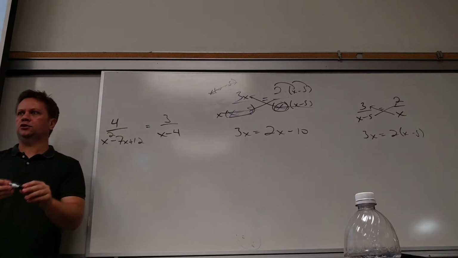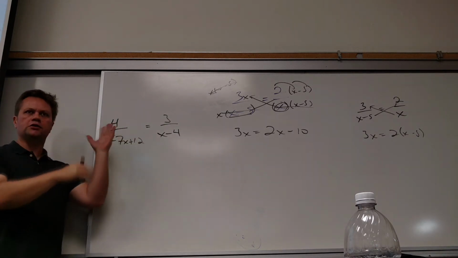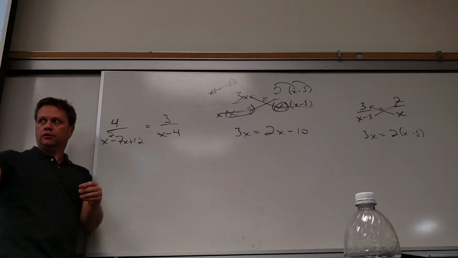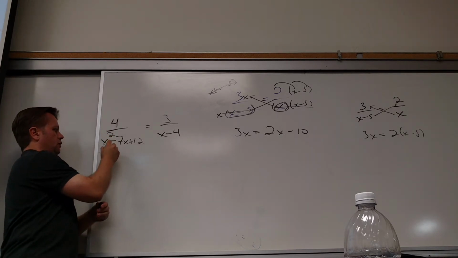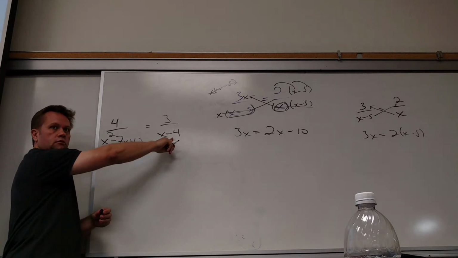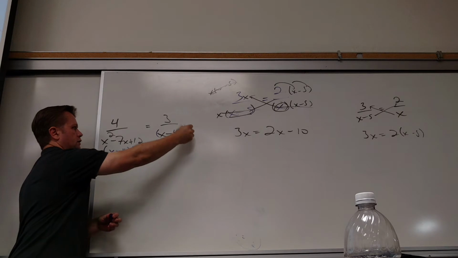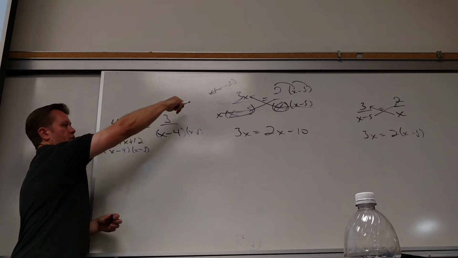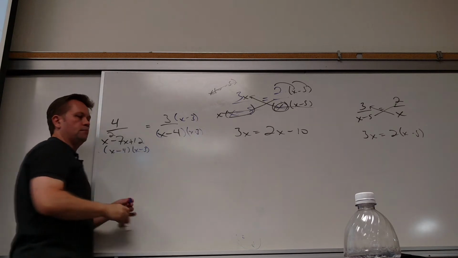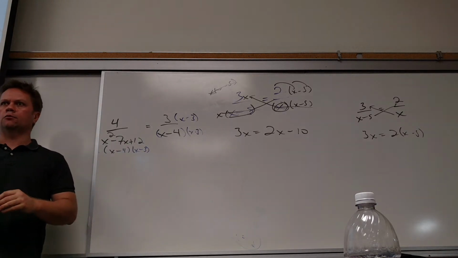But that's actually too much. You end up with x squared and more. You don't need that. Watch. If you did factor it, this would be x minus 4, x minus 4, x minus 4. So what's he need? He just needs an x minus 3. He doesn't need this whole thing. So that's when the shortcut is bad. It actually makes the work harder.